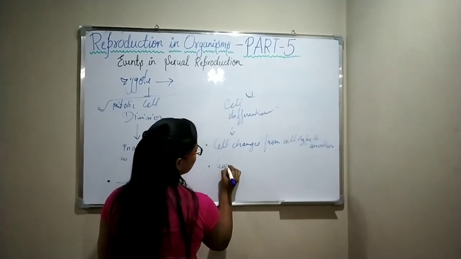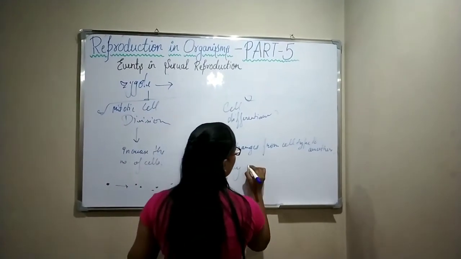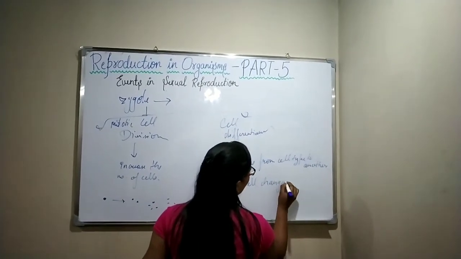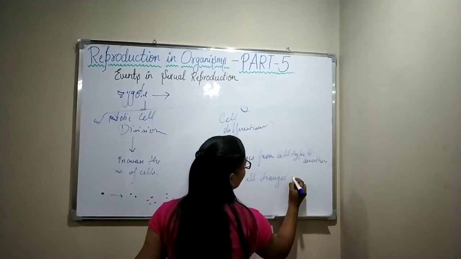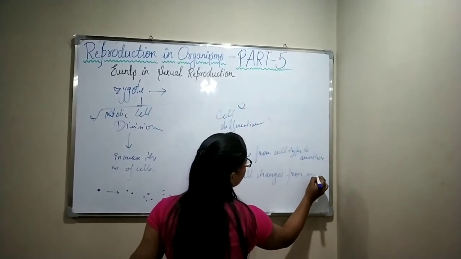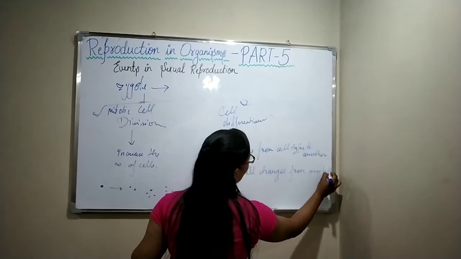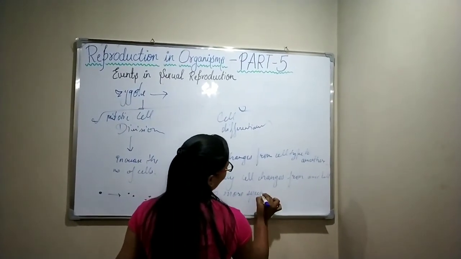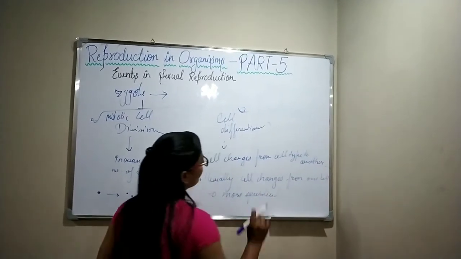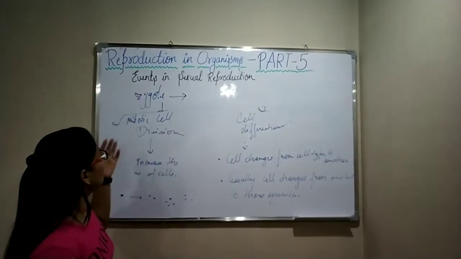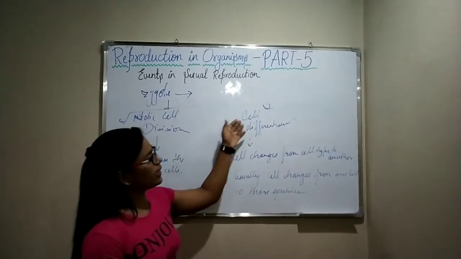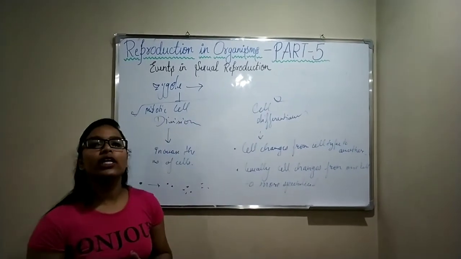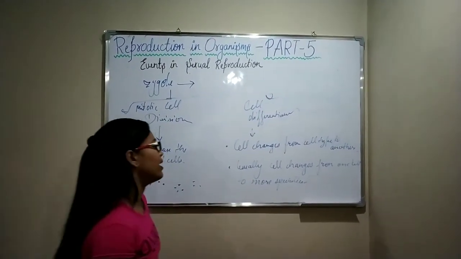Usually the cell changes from one cell to a more specialized cell. So first mitosis will occur. After that, the cell will differentiate, changing from one cell type to another. Usually it becomes a more specialized cell.